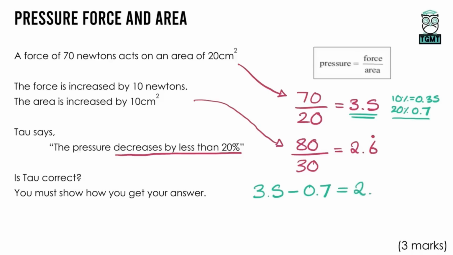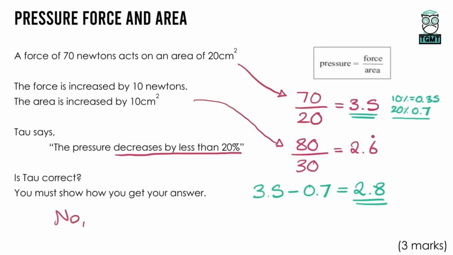So clearly they are different right now. So the pressure decreases by less than 20%. Well, if we decrease it by 20%, it goes down to 2.8. This has gone down to less than 2.8. It's gone all the way down to 2.6 recurring. So actually, no, Tau was wrong. It decreases by more than 20%. So is Tau correct?